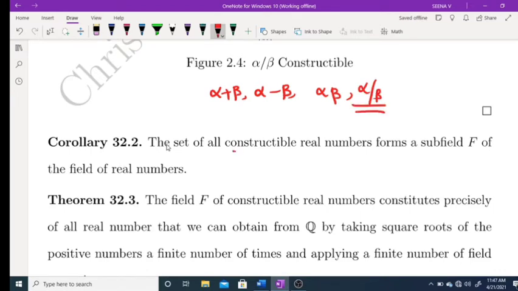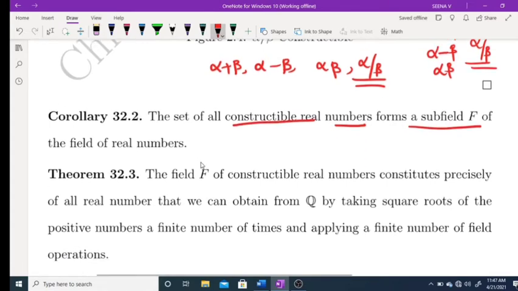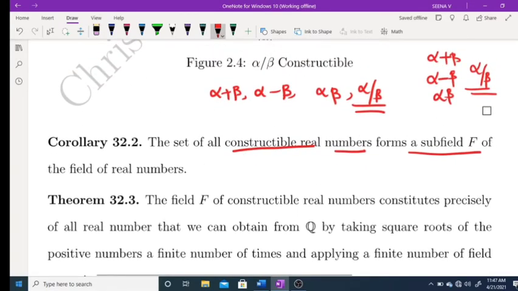To prove this set of all constructible numbers forms a subfield: as it is a subset of real numbers, it satisfies all the axioms like commutativity, associativity, etc. And we have to prove whether the operations are closed, alpha plus beta is here, and inverse exists, alpha minus beta you can easily say. Also alpha by beta and its inverse.